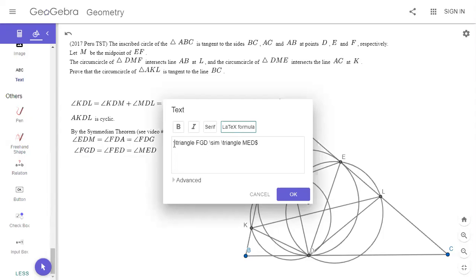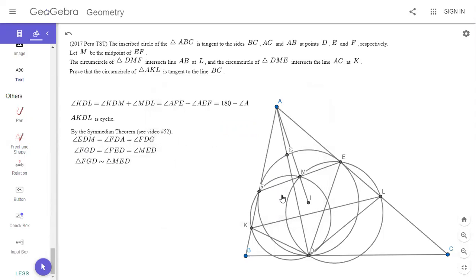All right. And so ultimately I wanted to show GFD was equal to ADC, but we have GFD is equal to EMD.